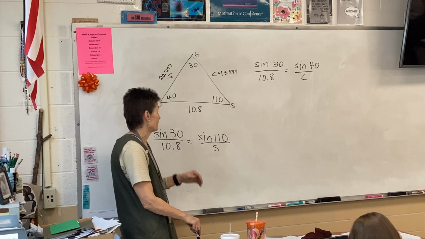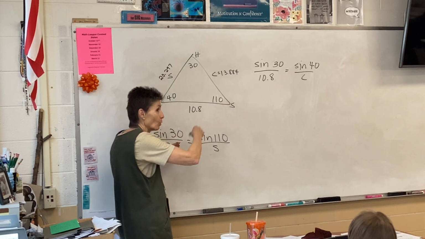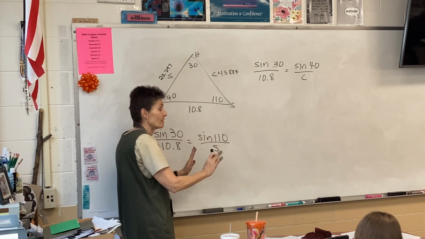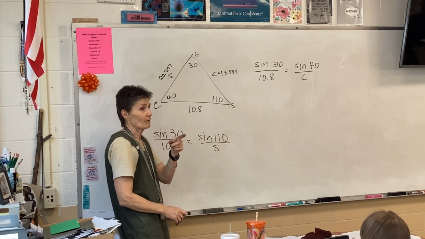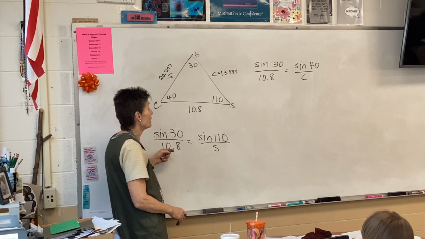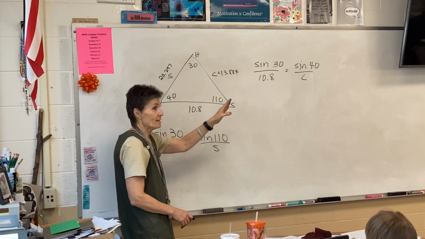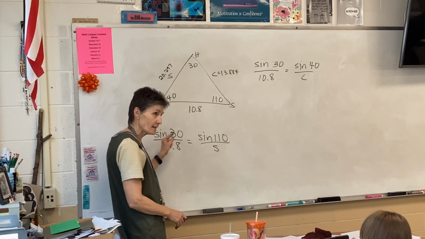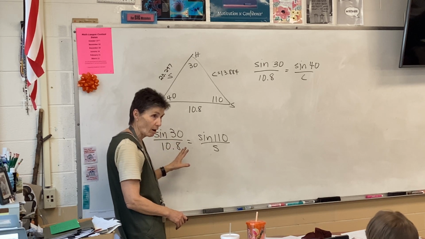Law of sines, and you have to do both of them. The order you do them in makes no difference. What does matter is you're using sine 30 over 10.8 for both of them, because this is the given data, and it's not rounded off.